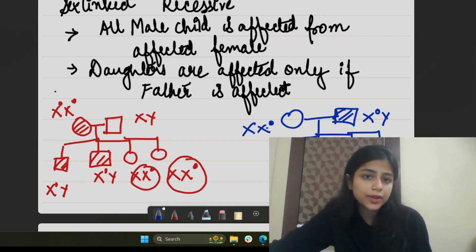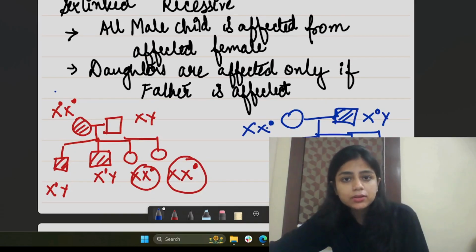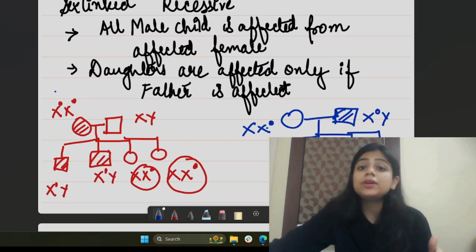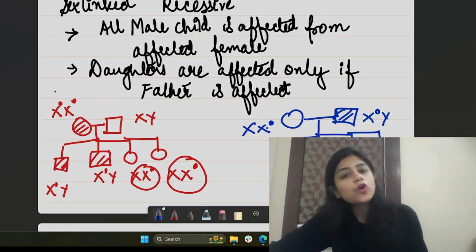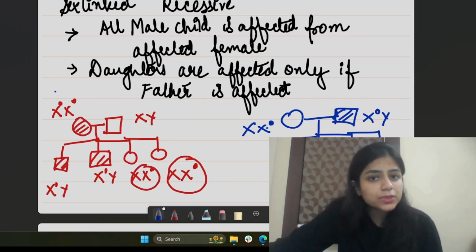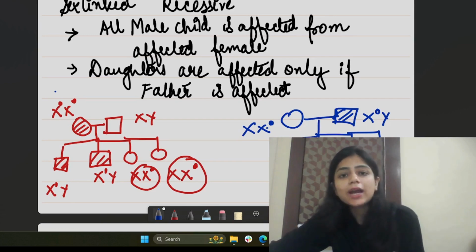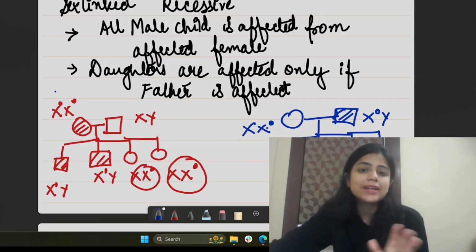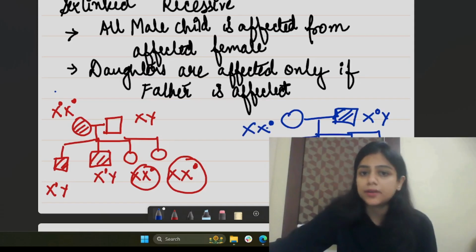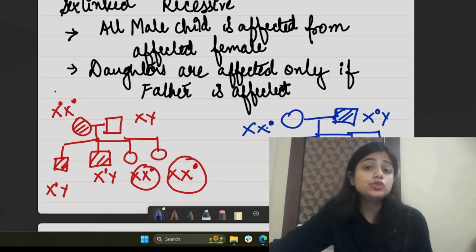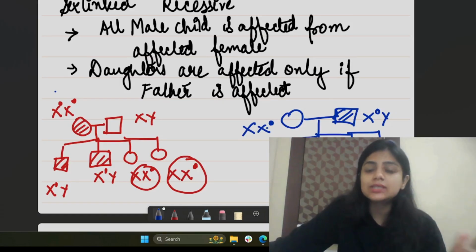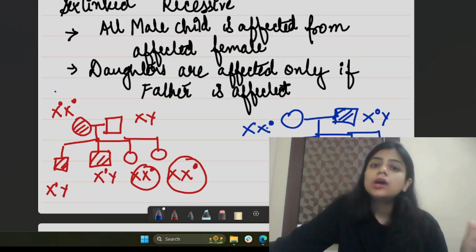Also, you need to know that whenever we are talking of the sex-linked recessive trait, from the affected male parent the female child is affected, and from the affected mother the male child is affected. That is basically a crisscross inheritance. In autosomal, this is not seen so much; both males and females are equally affected.